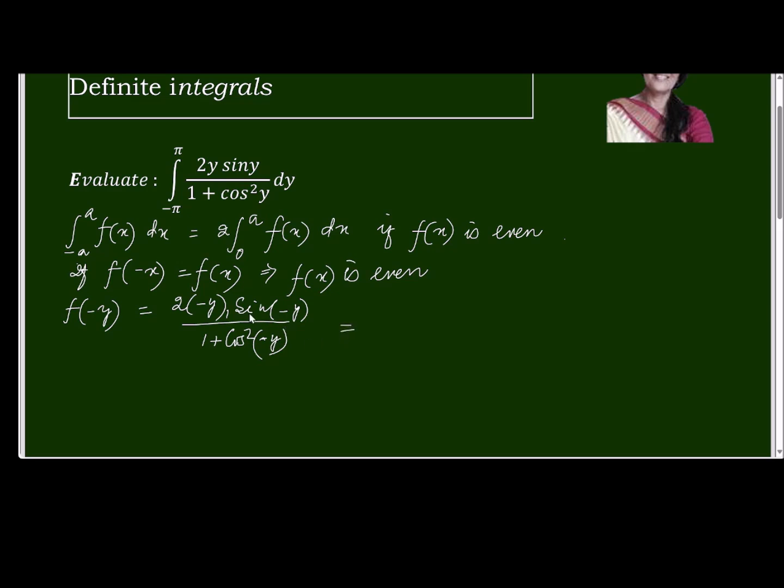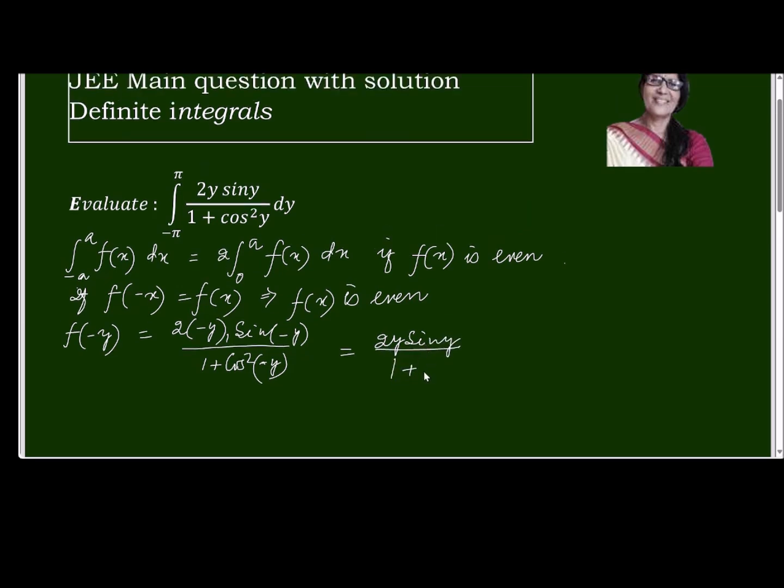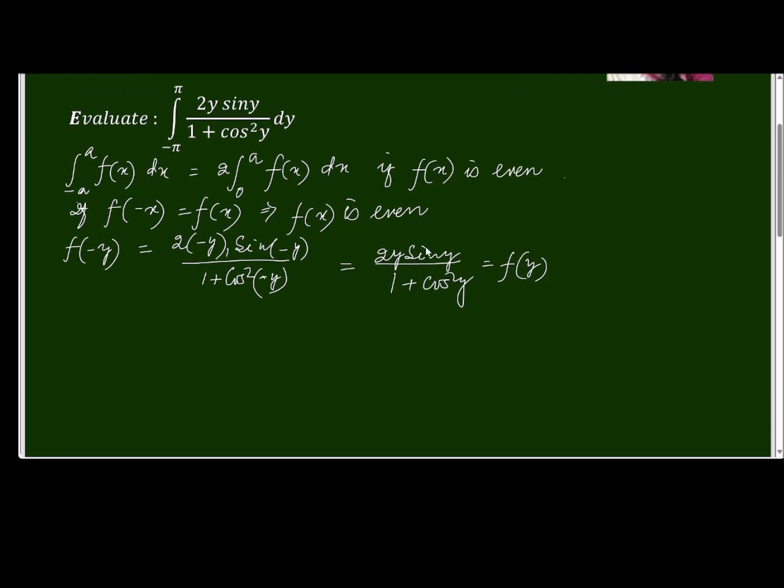Sine of negative y is minus sine y. So it will be 2y sine y over 1 plus cos square y. That is your f of y. So this is an even function, and we can use the property I have mentioned. So f of y is even.